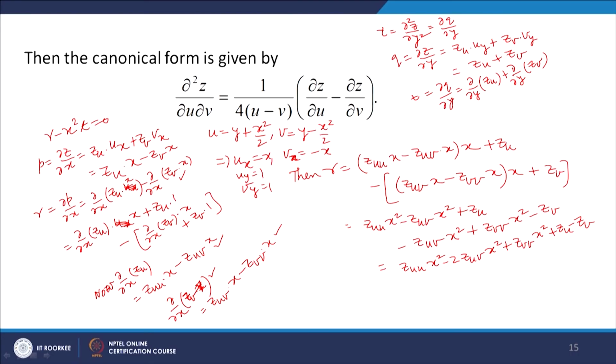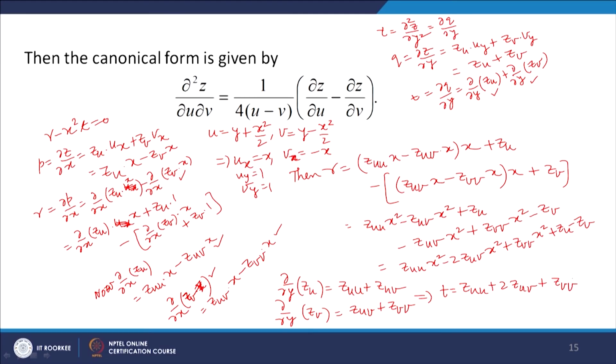So, replacing z by zu we have zuu plus zuv, and zv is also a function of u and v, so replacing z by zv we get zuv plus zvv. So, T is equal to the sum of these two values: zuu plus 2 zuv plus zvv.